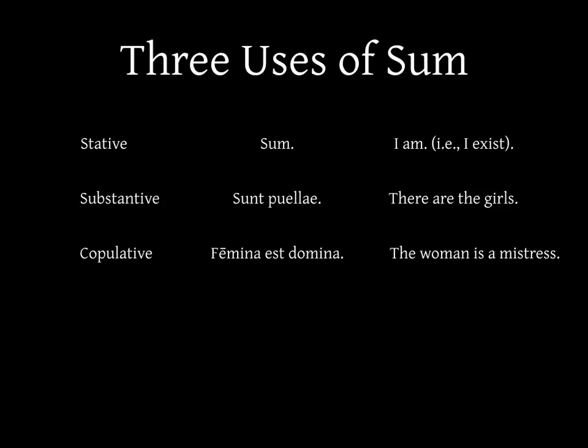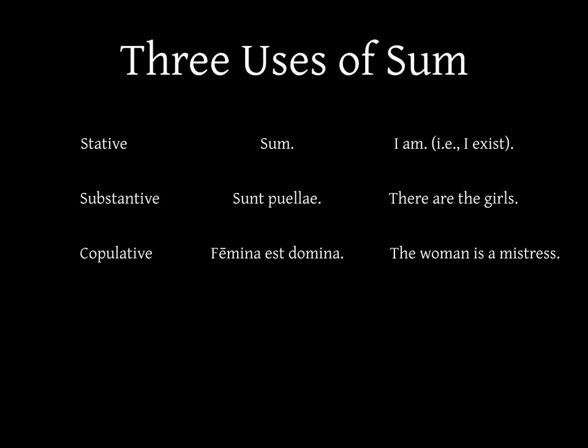What I mean by that is that all sentences have a subject, something that the sentence is about, and they have something predicated of that subject, which means that the subject is doing something or is existing in the world as something. So that's what's happening here with the substantive use.